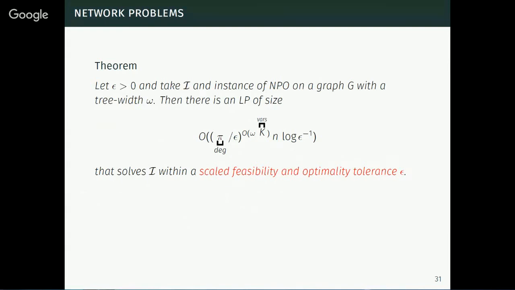Before, we had 2 pi over epsilon to the omega. Now I lost the omega, but I replaced it with an O of omega times k. This is fine. This is the maximum number of variables in a given node. This part is fine.